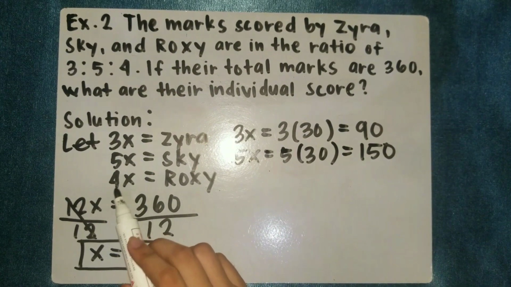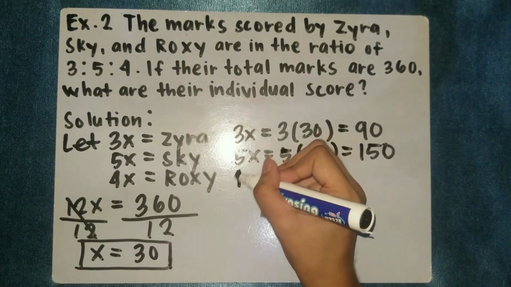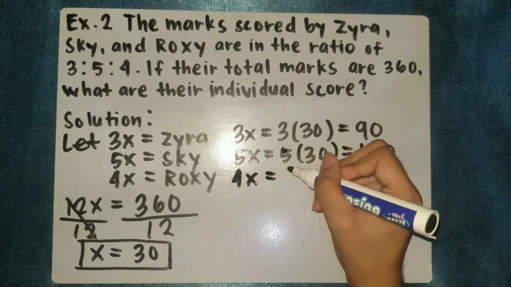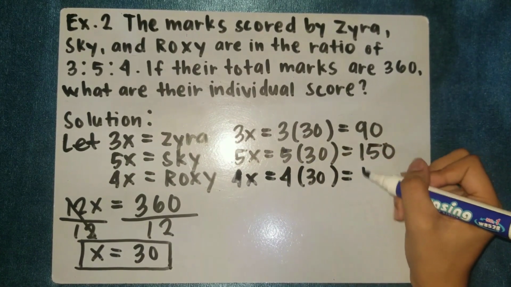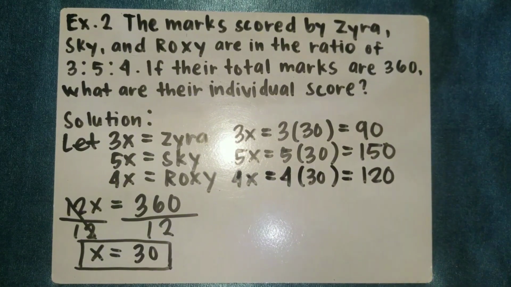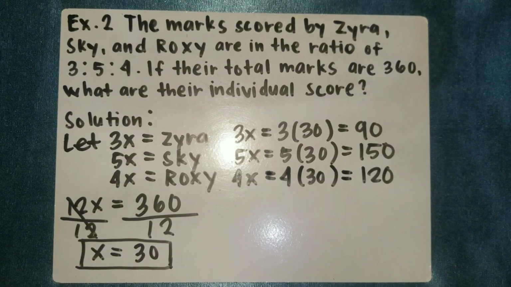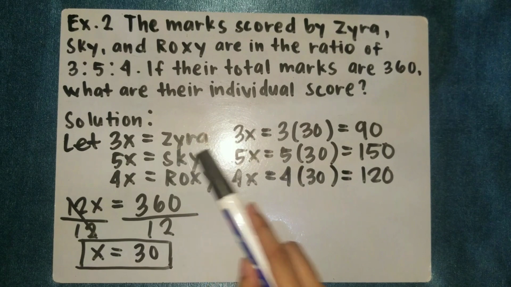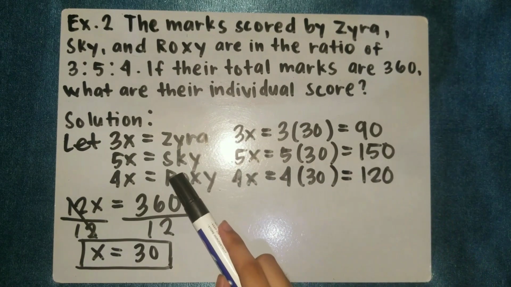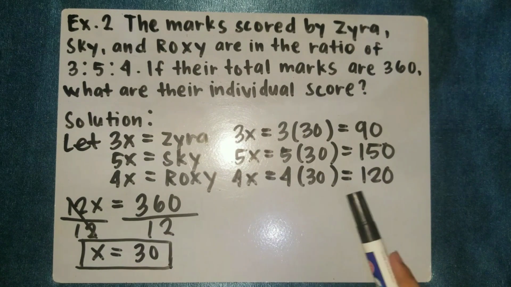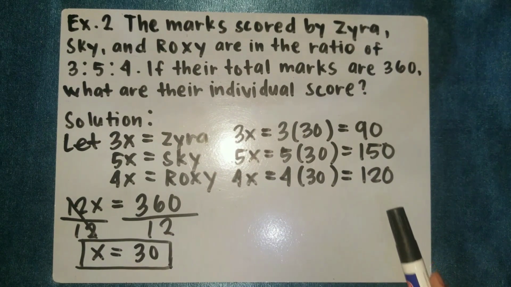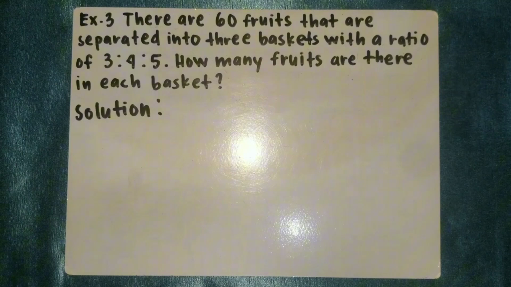The next naman itong 4x. 4x equal 4 times 30 equal 120. So, ang individual score nila ay kay Zaira, meron siyang 90 score, kay Sky, meron siyang 150, at kay Roxy, meron siyang 120.